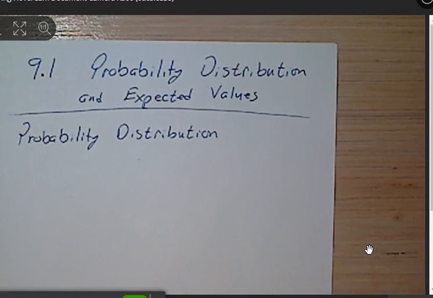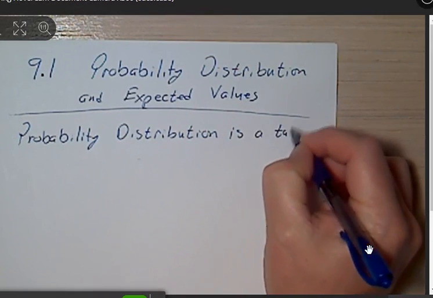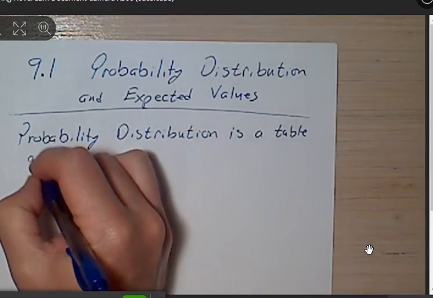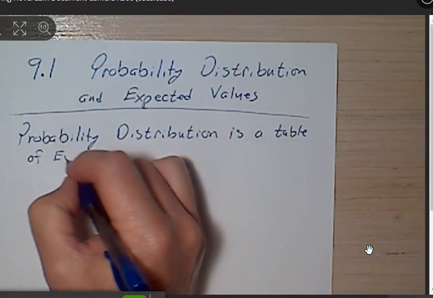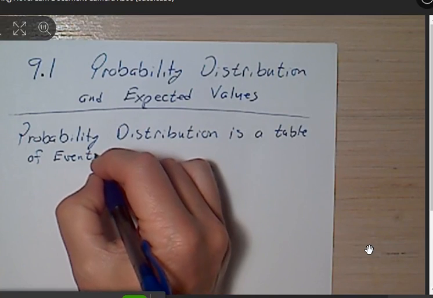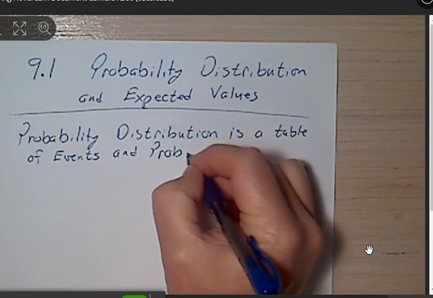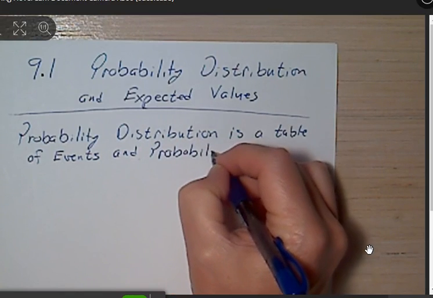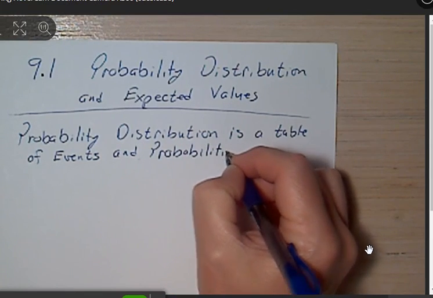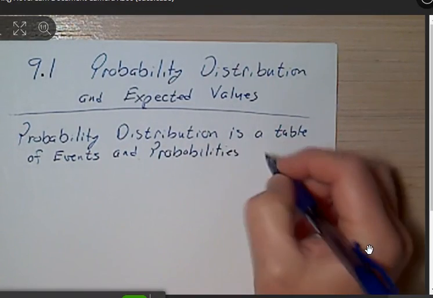It's basically just a table of probabilities. It's a table of events and probabilities of each event.